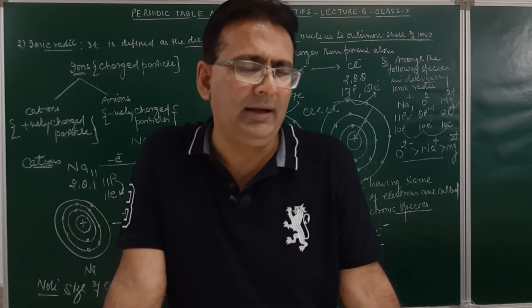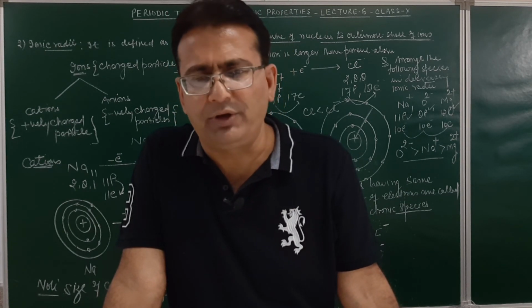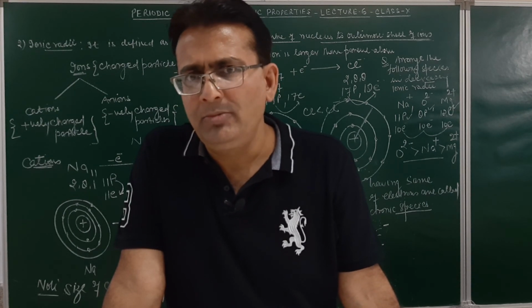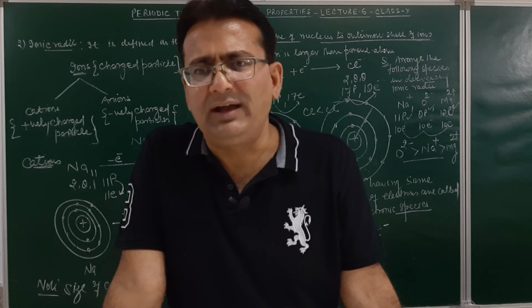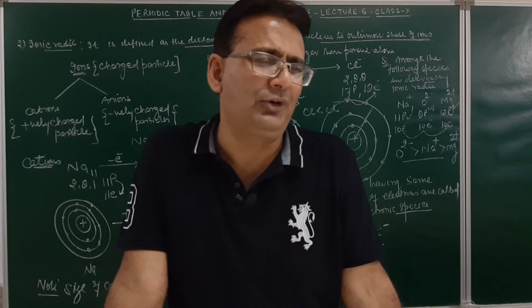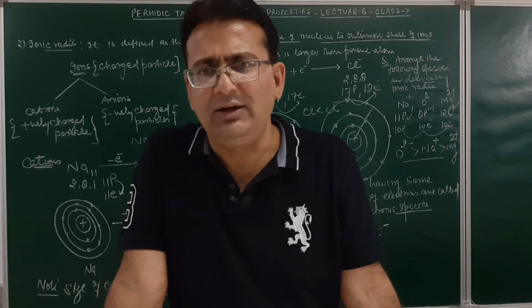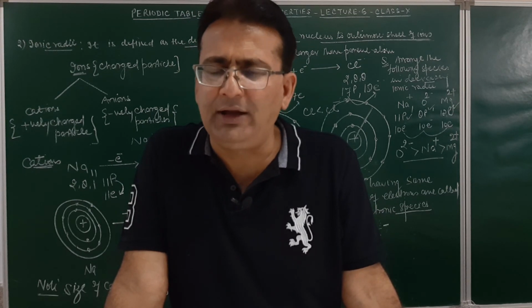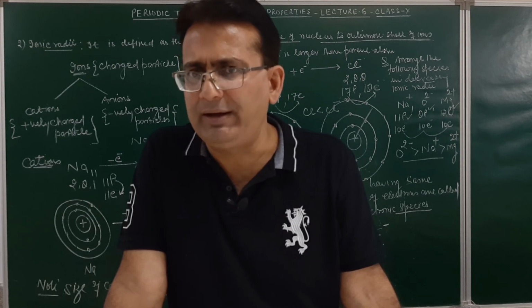Yes, ionic radii was the distance from the center of the nucleus to the outermost shell of the ion. Am I clear? Isoelectronic species are the species with the same number of electrons. I have also told you the size of cation is smaller than that of the parent atom, whereas the size of anion will be larger than that of the parent atom.